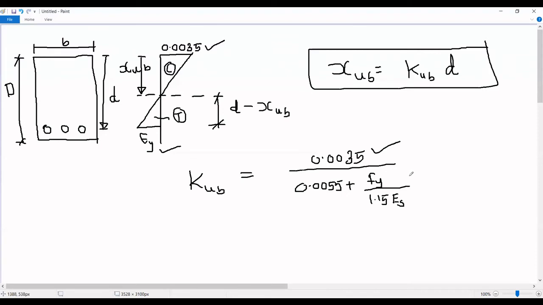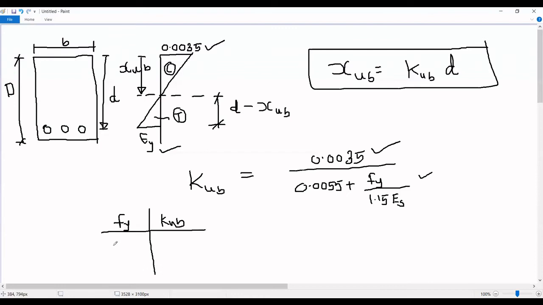However, it depends upon the grade of steel, because as you change the grade of steel, Fy varies. So can we make a table where we go on varying grades of steel Fy and write down the values of neutral axis factor KUB?